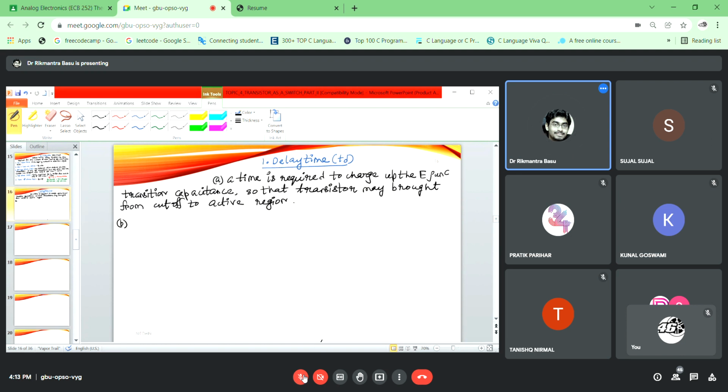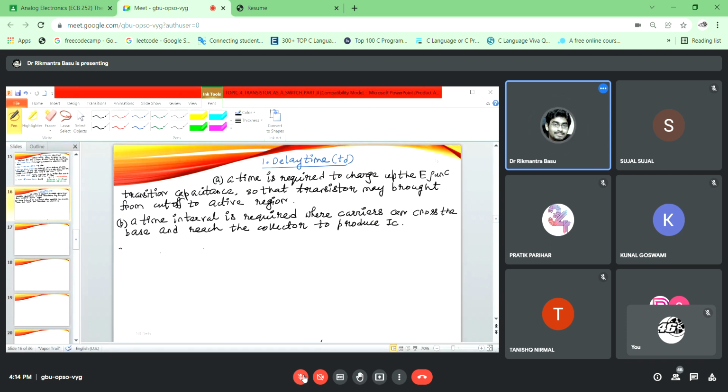The second point, a time interval is required where carriers can cross the base and reach the collector to produce IC.